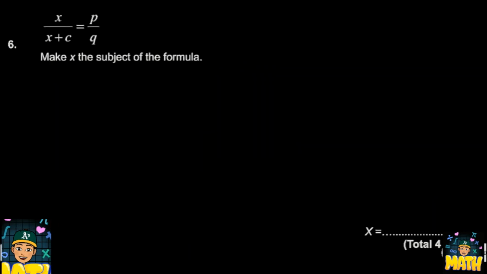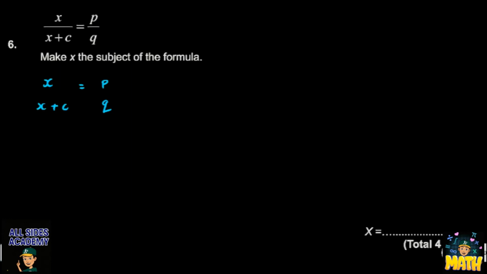Make x the subject of the formula. Again, anytime you see it as a denominator, you need to get rid of it. But in this case, I want to use what we call cross multiplication. So I'll multiply the opposites, the numerator with the denominator, the numerator with the denominator. So when I do that, I get xq equals to p into x plus c.